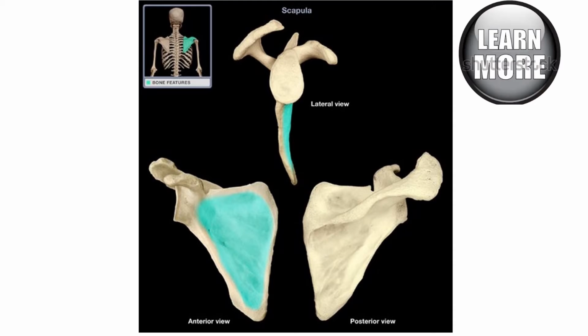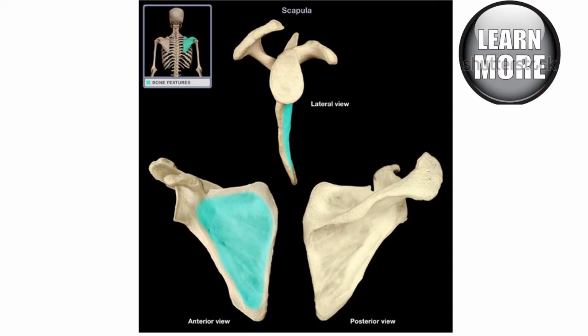Now, when we discussed the bone markings, we said that we will learn these markings along the way. And so we ask ourselves, what is a fossa? A fossa equals a depression.